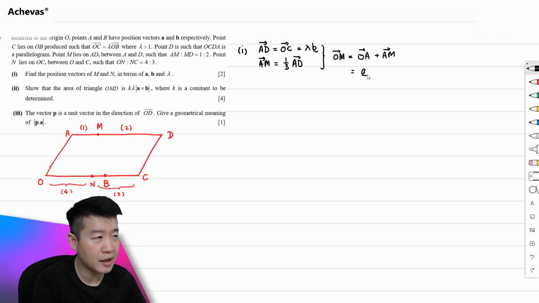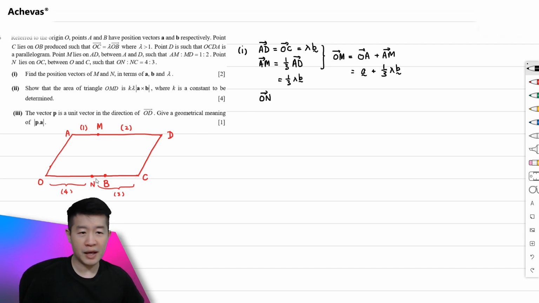So it is going to be A plus 1 over 3 of AD, which is 1 over 3 of lambda B. And ON is this, which will be 4 over 7 of OC, which is 4 over 7 of lambda B. Okay, 1 mark each. Part 2.